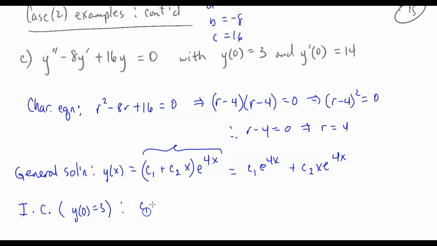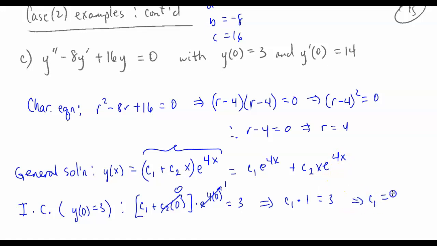So this will be C1 plus C2 times 0, all that times e raised to the 4 times 0. And then that equals 3. So if we work that out, this term ends up being 0. All this just ends up being 1. So I just have C1 times 1 equals 3. So of course that means that C1 is 3. Okay.